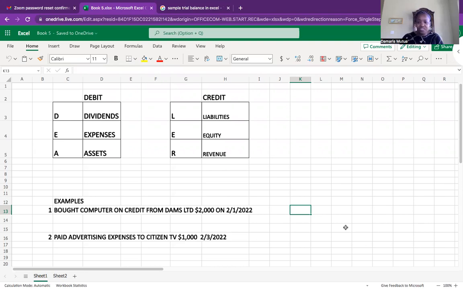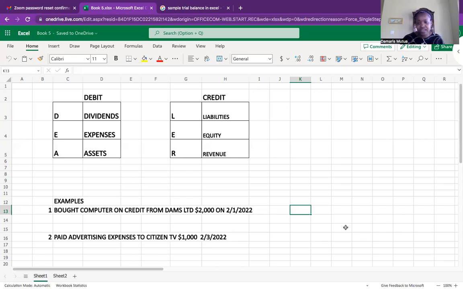And once you know this concept, as someone working in finance, an accountant, maybe a student in accounting, you are able to post your transactions comfortably.